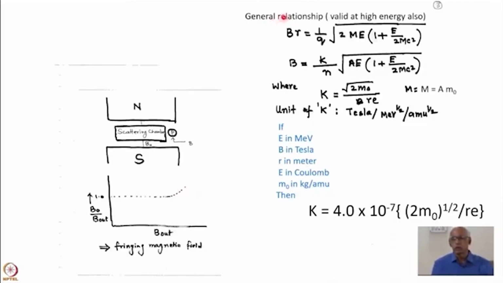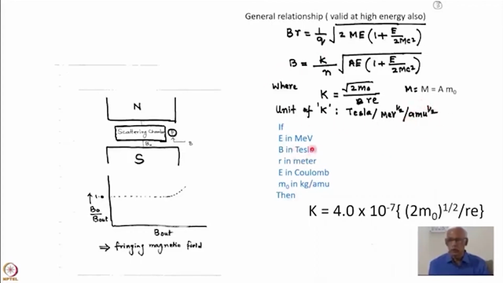The general equation, whereas we derived the simple equations, will be slightly different and will take care of the relativistic effect also. If you put the constants into the expression, you find that K is again the same, and the units of K are Tesla per MeV to the half times mu to the half.